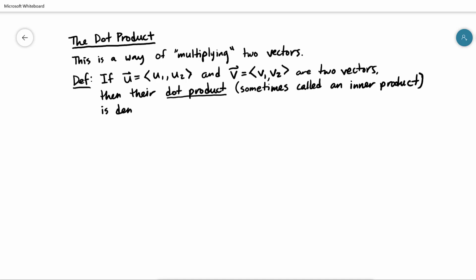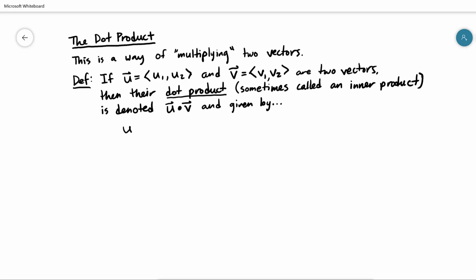The way that we denote our dot product is a u and a dot, and then the v. So it's kind of like the dot that you would normally use for multiplication, and it's given by the following.